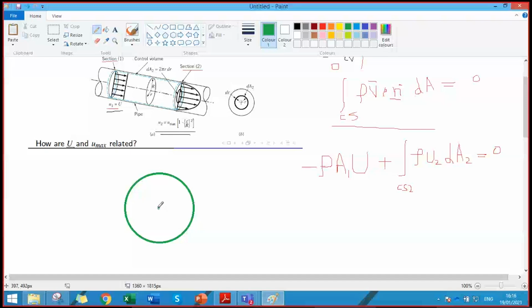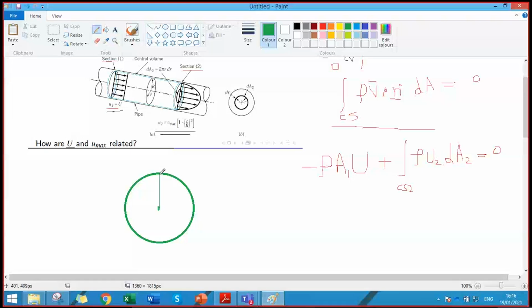We can approximate it as 0. If I say that the radius of the circle is capital R, then what would you say the area of this region is? Pi r square.